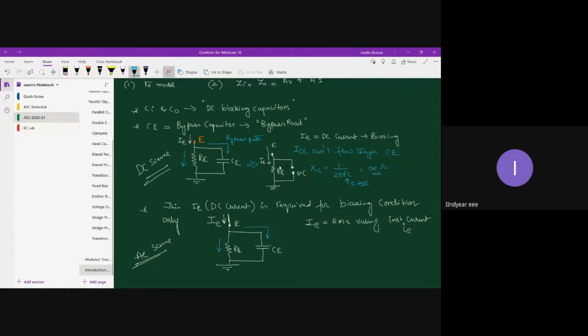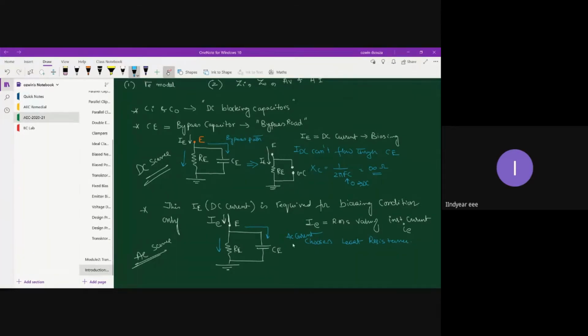The AC current always chooses the least resistance path. In general, even DC current chooses the least resistance path, but the problem is that for DC current the capacitor is the highest resistance path. Hence the flow of current is obstructed in the case of DC.